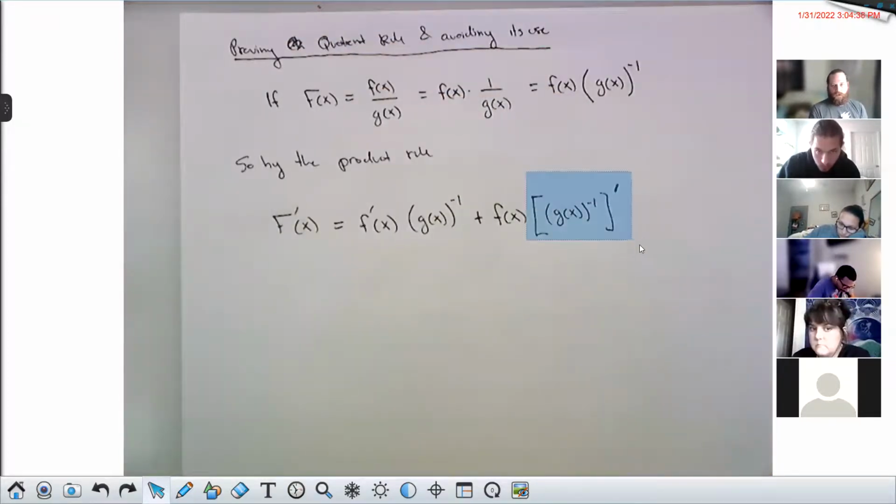And the big bracketed derivative at the end there, well, damn if that isn't just ready for the chain rule. Let's do it.